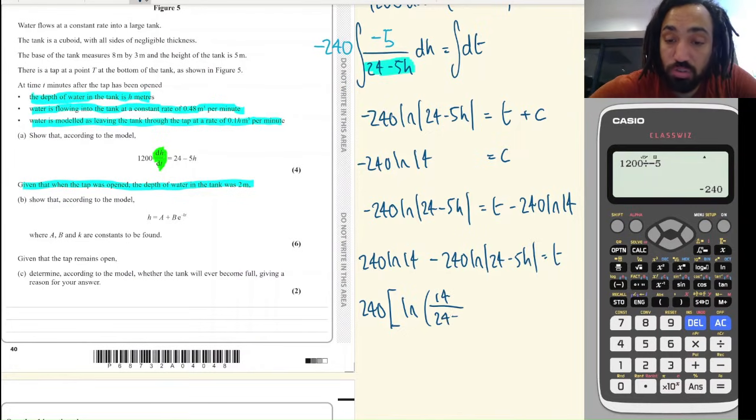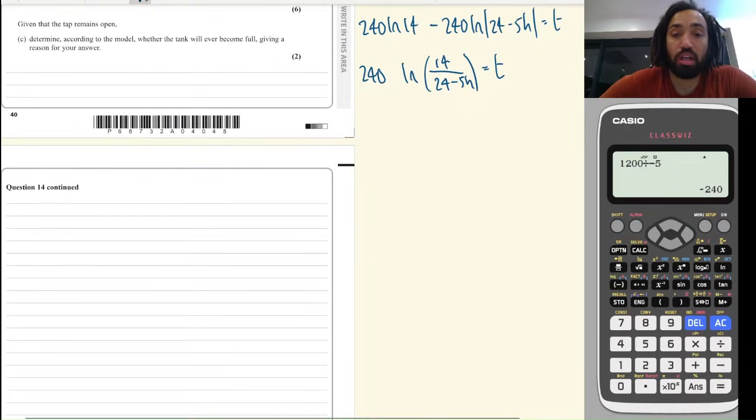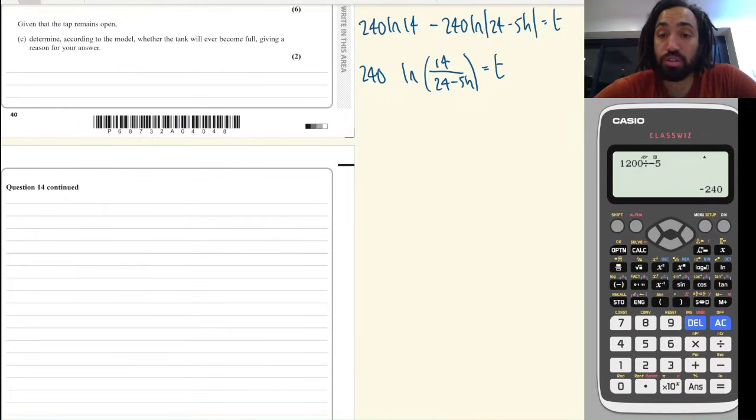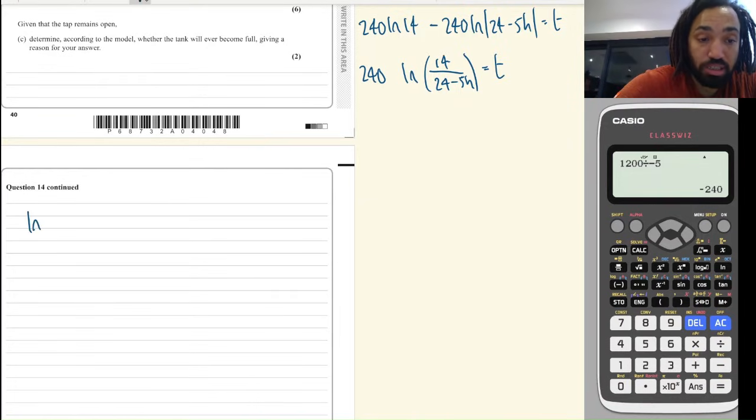So I'm going to get 24 minus 5h like that, and that's multiplied by 240, and that's equal to t. Okay. I'm now going to divide both sides by 240. So that's going to give me ln 14 over 24 minus 5h is equal to t over 240.